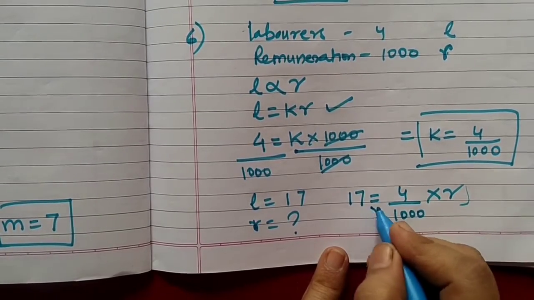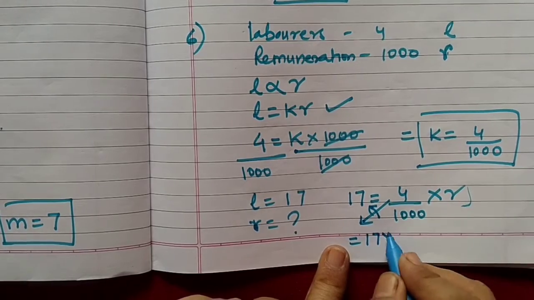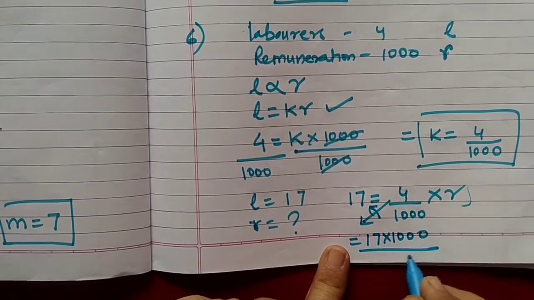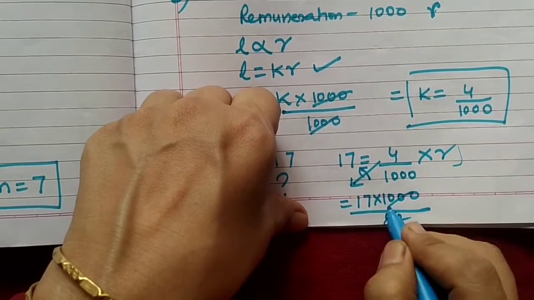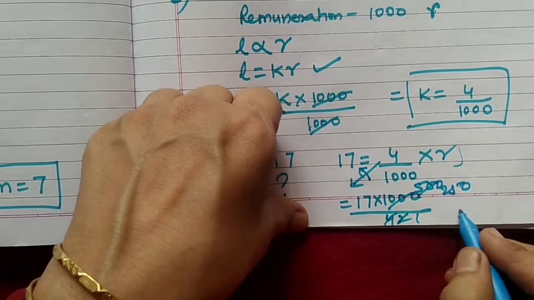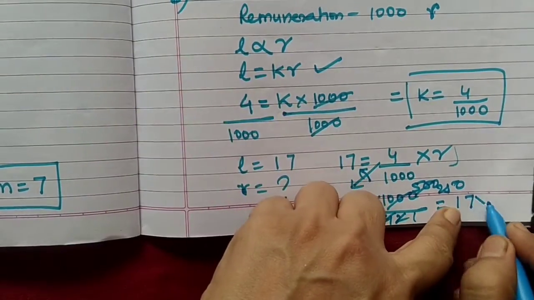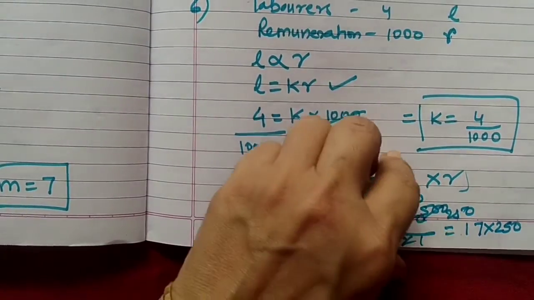So 1000 will go up and 4 will come down. So this will be 17 into 1000 upon 4. Now 4 and 1000 we can cancel. 4 2s are 8, 4 250s are 1000. So we get 17 into 250. That is the remuneration.